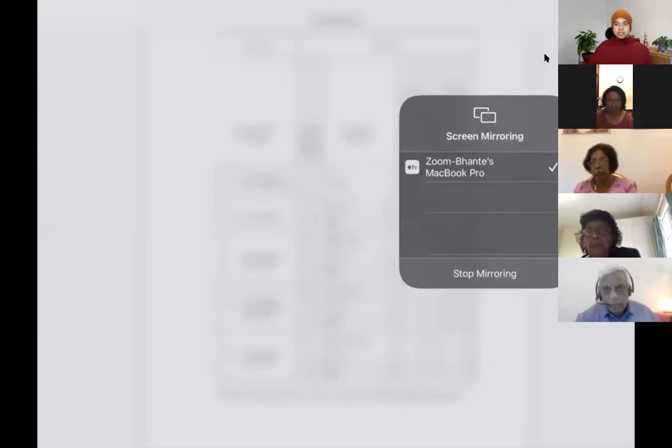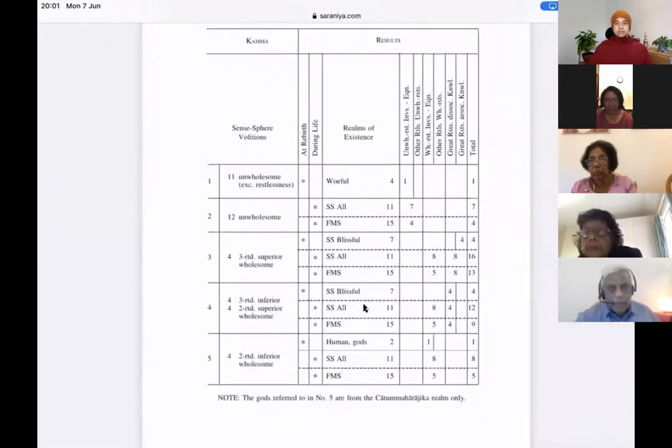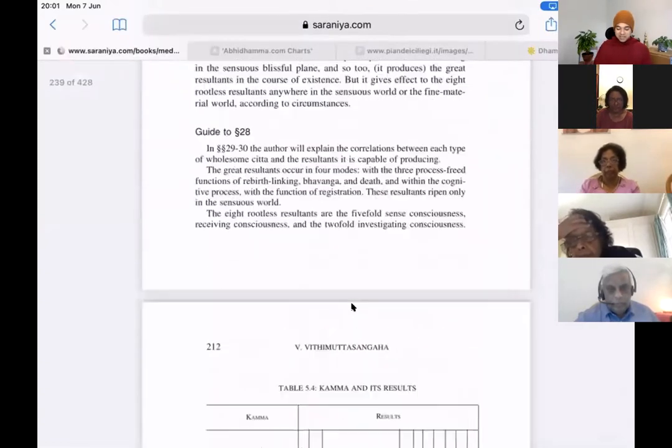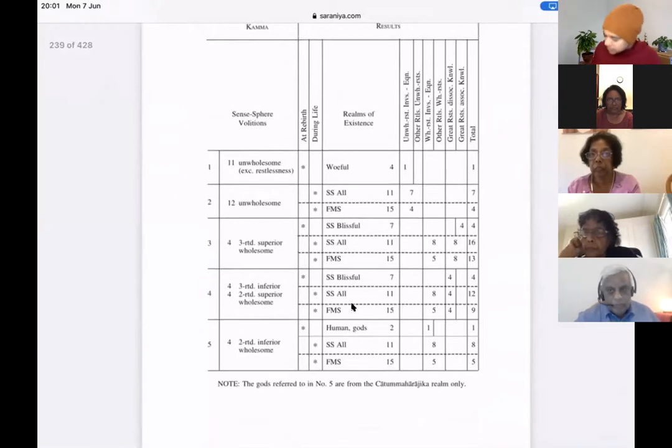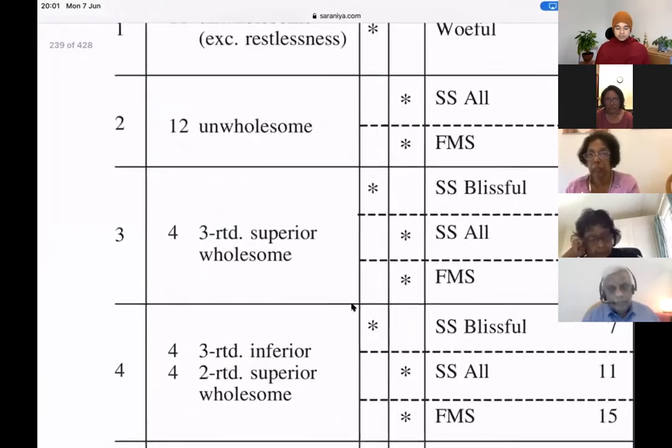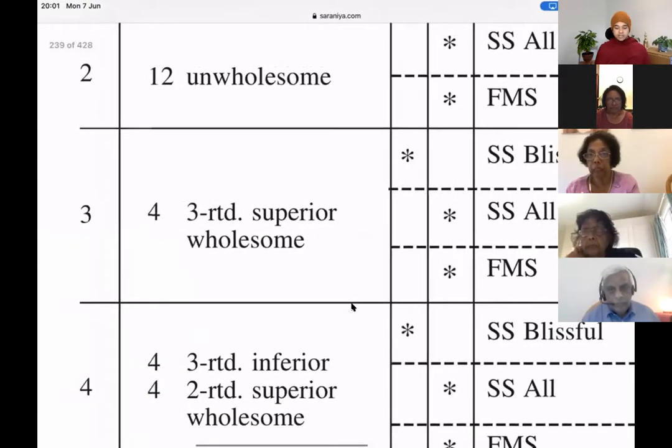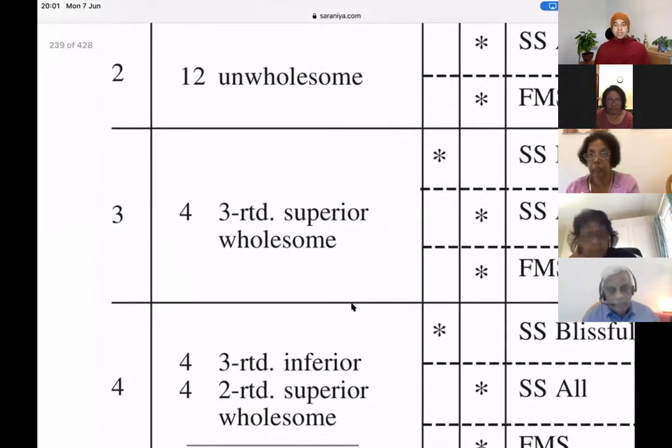Can you see my iPad? Oh, there you go. Can you see this? Yes, we can. Oh, wonderful. Okay. Where's my pen? Now we are referring to this part, number 3, right?